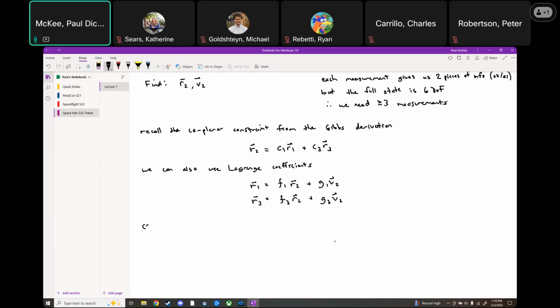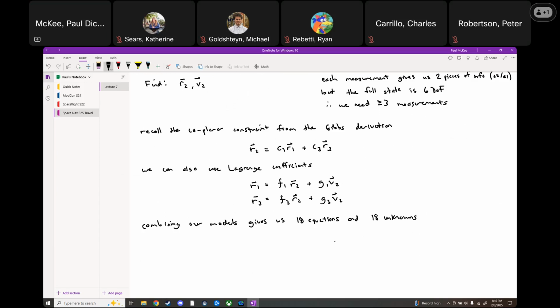Combining our models gives us 18 scalar equations and 18 unknowns.